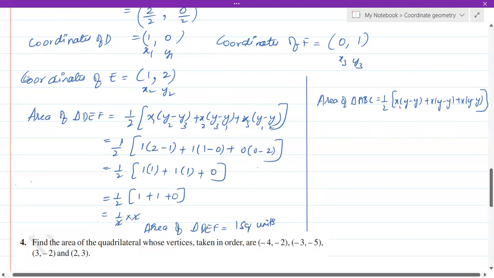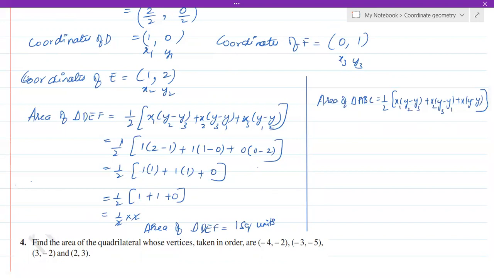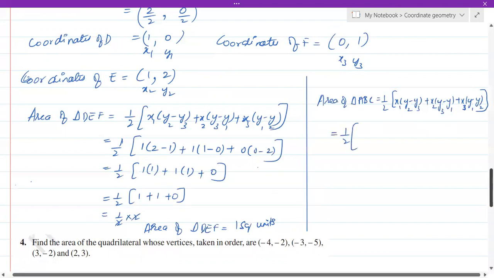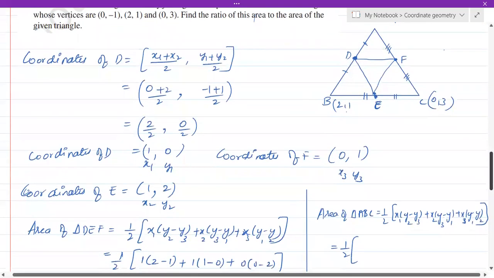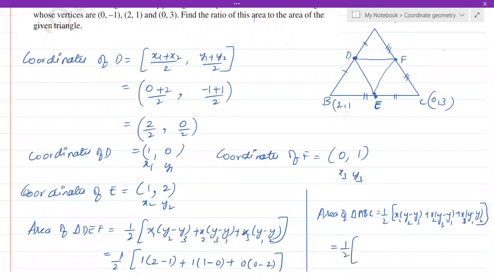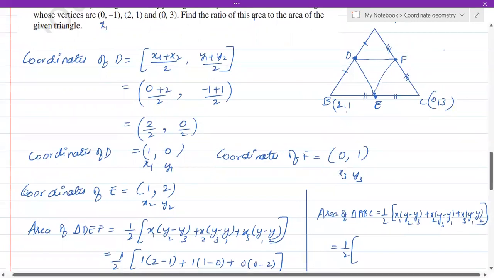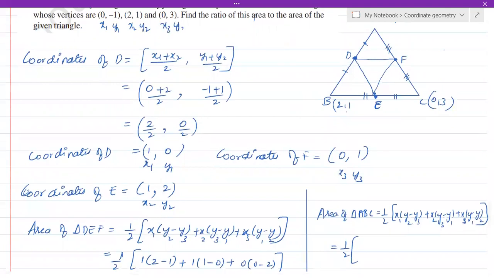And the suffix 1, 2, 3, 2, 3, 1, 3, 1, 2. And let's substitute it. This is my x1, y1, x2, y2, x3, y3.